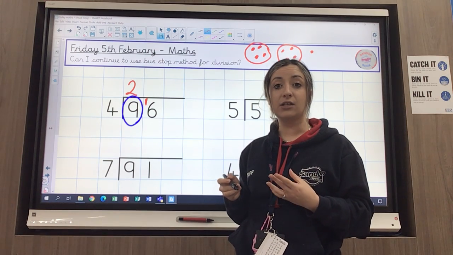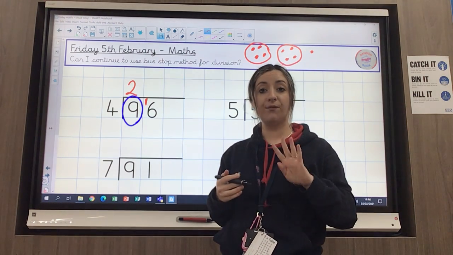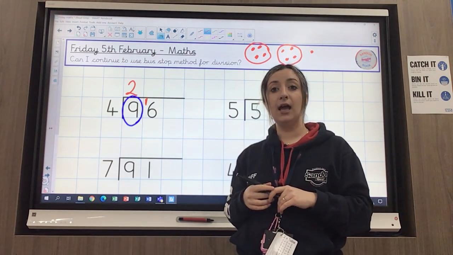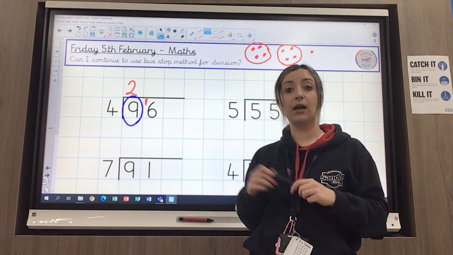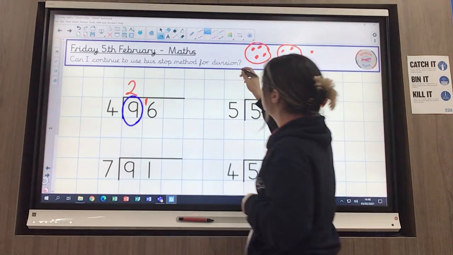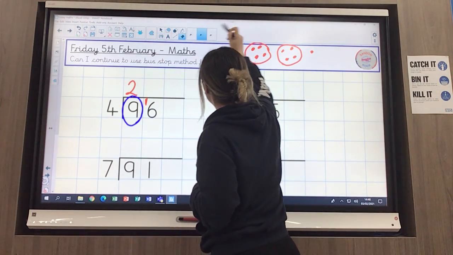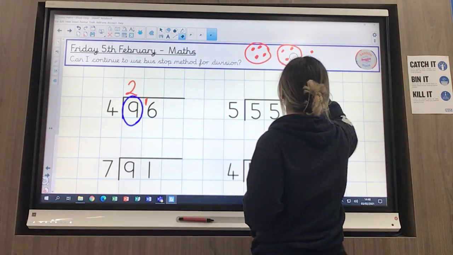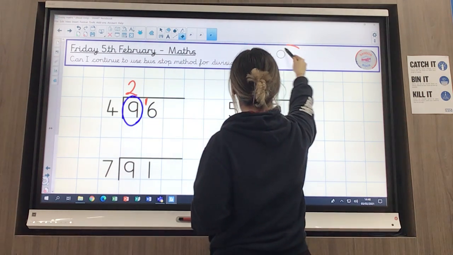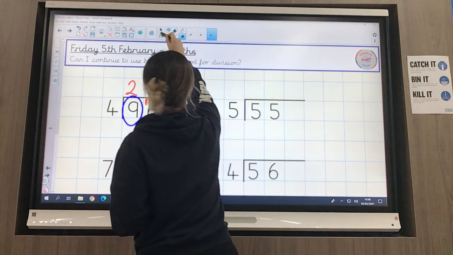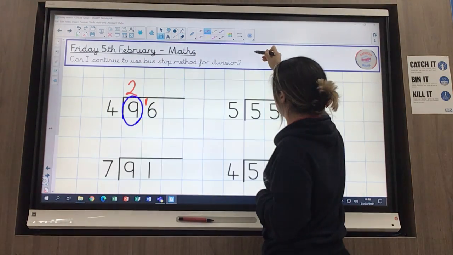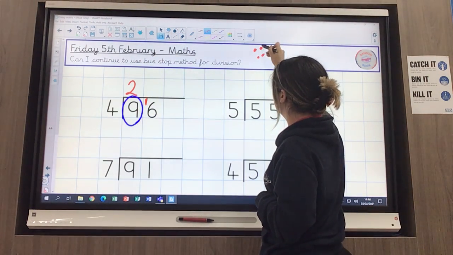So now what I need to do is see how many equal groups of 4 can go into 16. Now I can use my times table for this, or I could also use my pictorial method as well. So if I want to use the pictorial method, I'll rub this out so we can start again. Okay, so we need 1, 2, 3, 4.